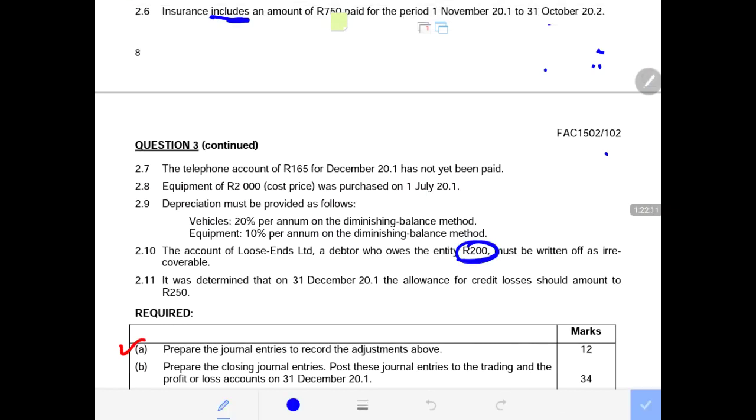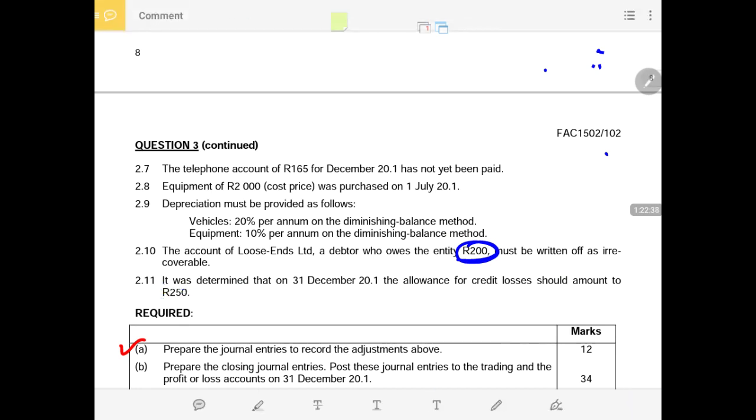It says it was determined that on 31st December 2001, the allowance for credit losses should amount to 250. So our allowance has been adjusted at the end of the year to 250.